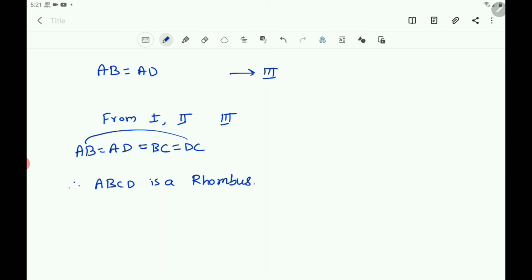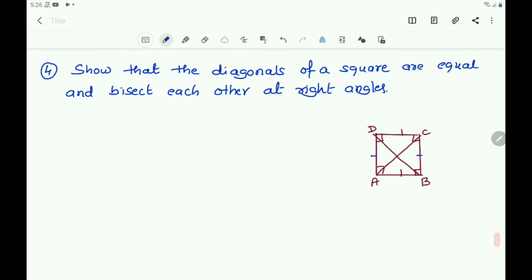ABCD is a rhombus. In this way, you got the proof that if in a quadrilateral diagonals bisect at right angles, then that quadrilateral is a rhombus.